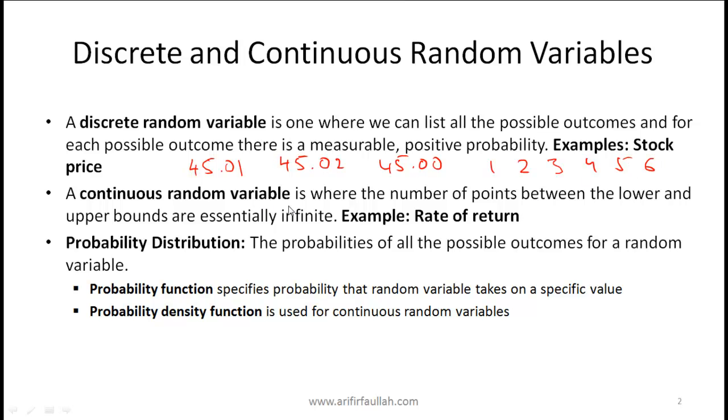A continuous random variable is one where the number of points between the lower and upper bounds is essentially infinite. Example, rate of return. So again, if your stock is at 45.01 and you are trying to model the possible returns over the next year, the stock price could be anything, say 47.52, so the return will not be an exact number, it will be a decimal that will go on and on.